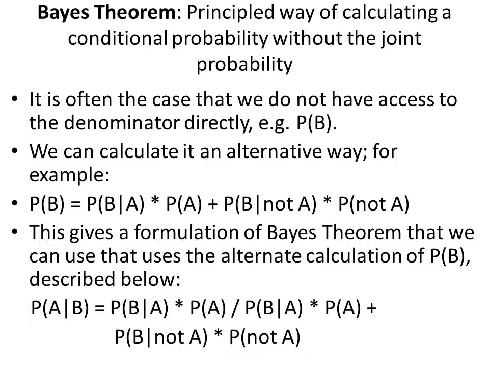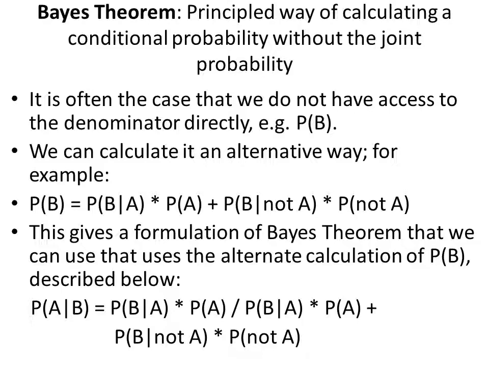This gives a formulation of Bayes' theorem that we can use, that uses the alternate calculation of P of B, that is probability of the event B, which is described below.